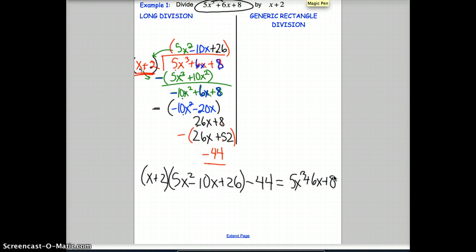That's what we're saying here, that this quantity, when I multiply it and then tack on the negative 44, I will get this quantity that I hit here. It's kind of like completing the square in that way, but it's not a square, it's a product that we want with our divisor.